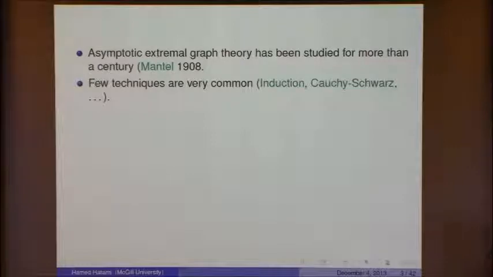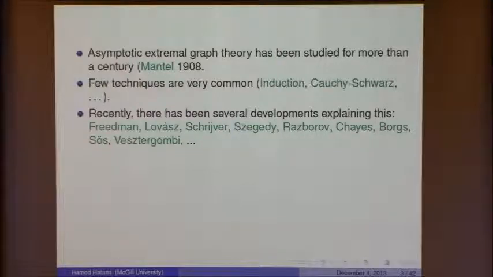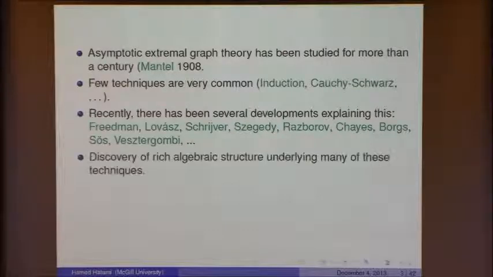There are many results since then and many different proofs and ideas, but we see some techniques are very common in this area, like Cauchy-Schwarz, as we have already seen in some of the previous talks, and other things like induction. And there is a new way of looking at this whole area from a very general perspective, in the works of Freedman, Lovász-Schrijver, then subsequent works by Szegedy, Razborov, and other people, which explain why Cauchy-Schwarz is such a powerful tool in this area.